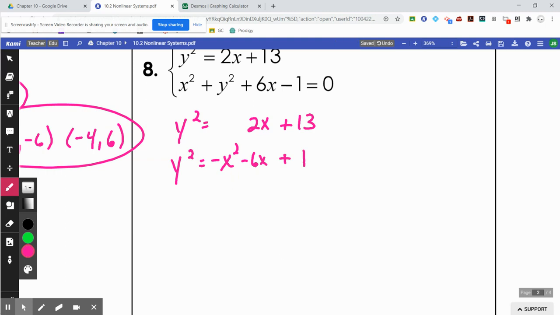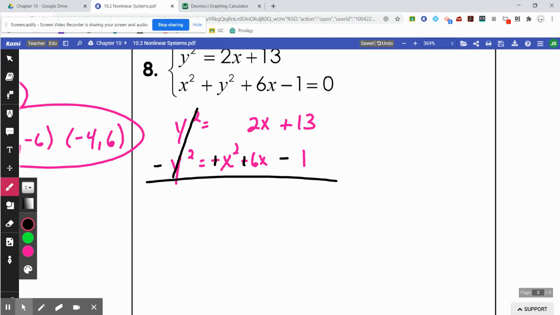Okay, constants with constants. So in order to get my y squareds to eliminate, I'm going to take my second equation. Now I'm not going to rewrite it. I'm going to multiply everything by -1. And this is what happens. It'll change that positive to a negative. Now when I add my two equations together, my y squareds are gone.